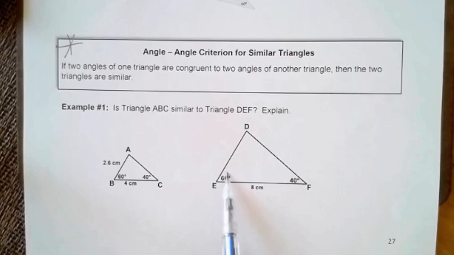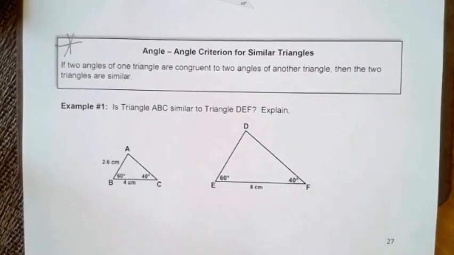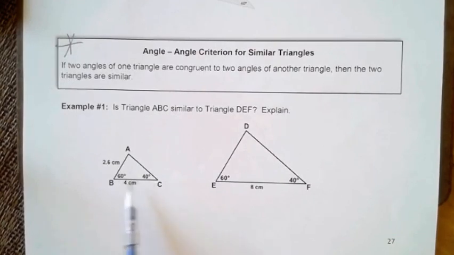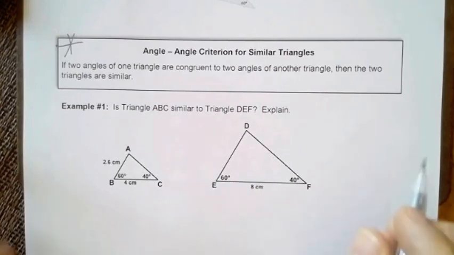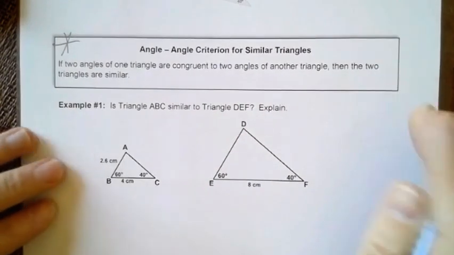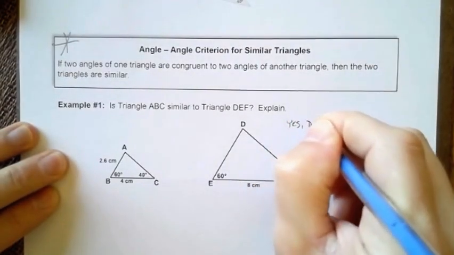Here I have a 40-degree angle, and here I have a 40-degree angle. Two angles of one triangle are congruent to two angles of another triangle, meaning that, yes, these two triangles are similar to each other.